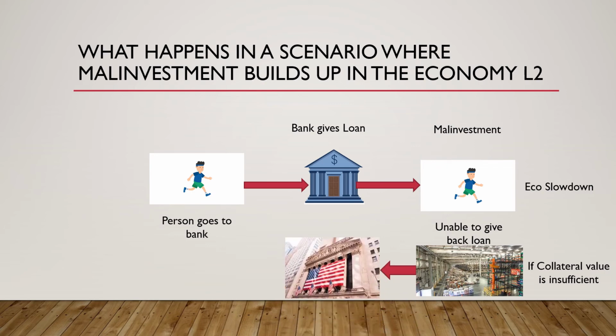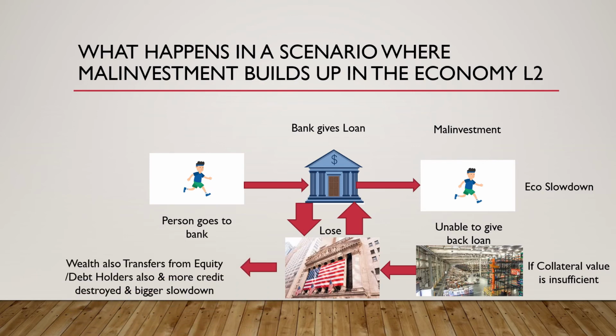And so this time the help of the private investors is taken as the bank issues more equity, and so the value of existing equity holders declines, and in other words there's a wealth transfer, this time from the debt and equity holders or investors as well, and more credit is destroyed. So in other words, the deflationary pressure is much more in this case.